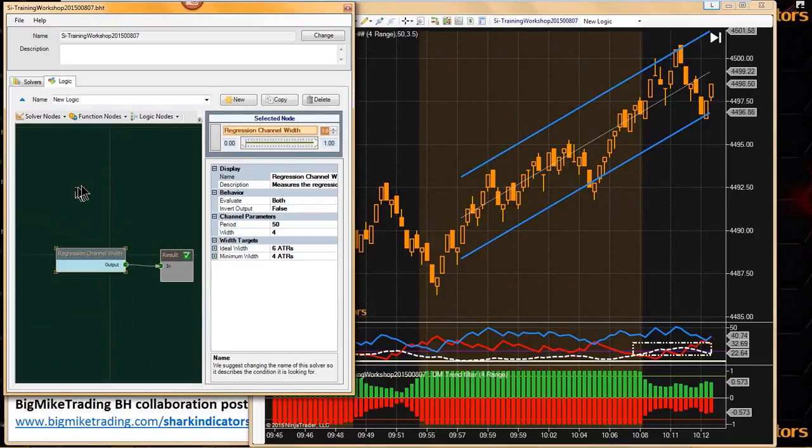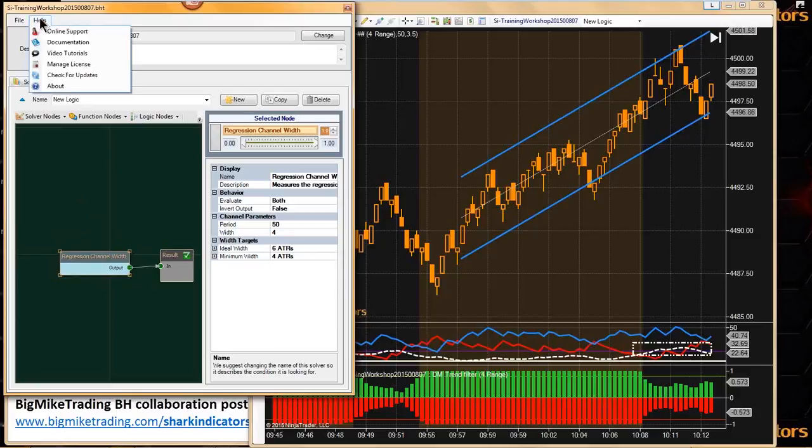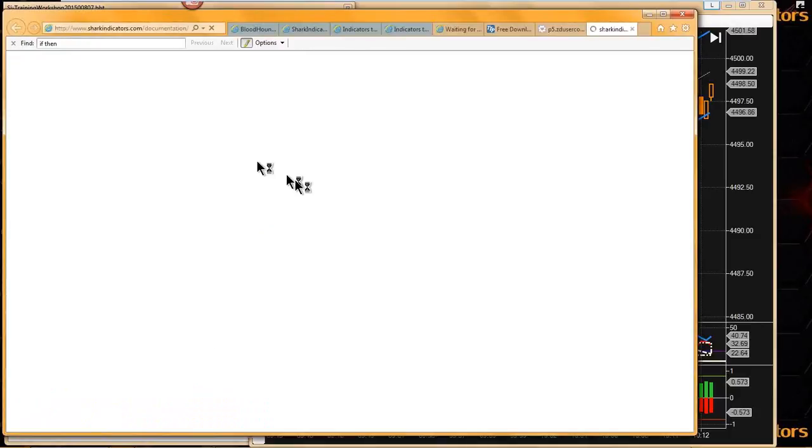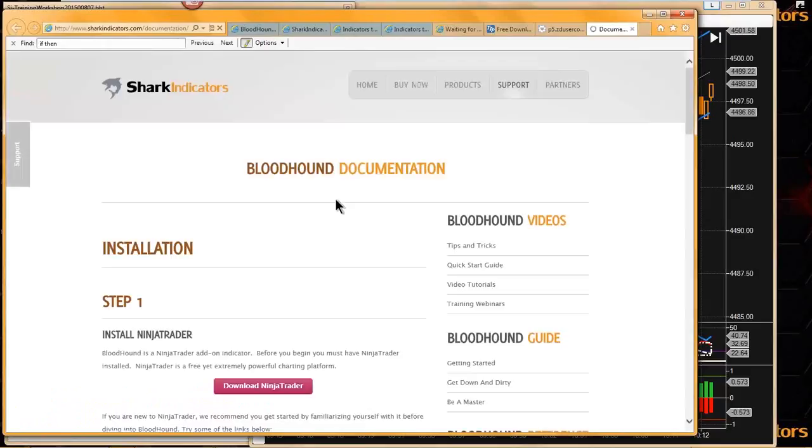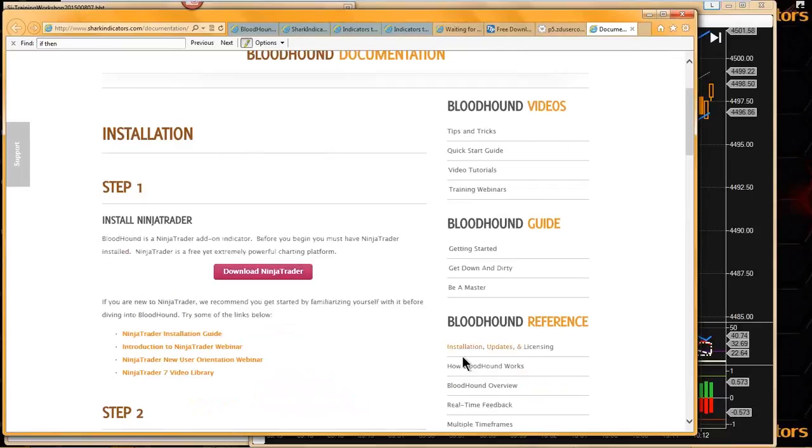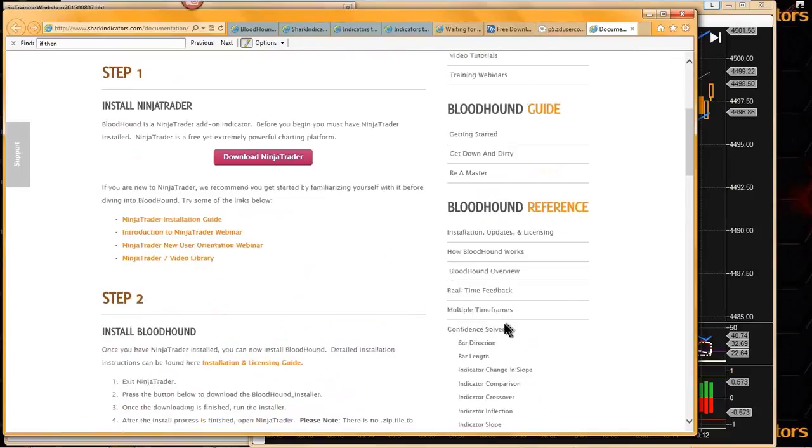Alright, before I get started, let me just show you. If you want to see the documentation on this, we can go to documentation. That'll open up your web browser, and then you can see this menu on the right side.